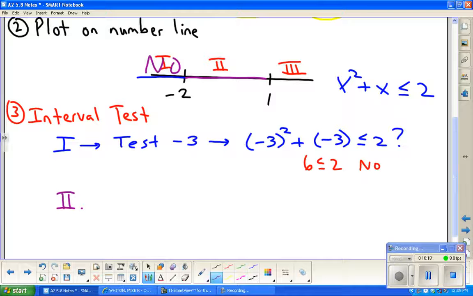So what's a nice number to work with in between those two? 0 is a good one. Or you could use -1 or anything in between there. I'm going to use 0 because 0 is usually easy to calculate with. So if x were 0, 0 squared plus 0, is that less than or equal to 2? Yep. 0 is less than or equal to 2.